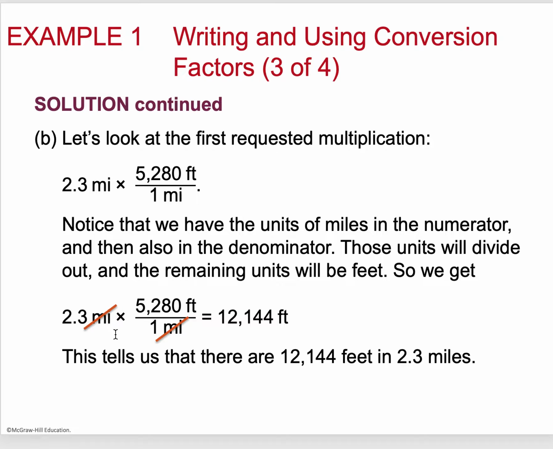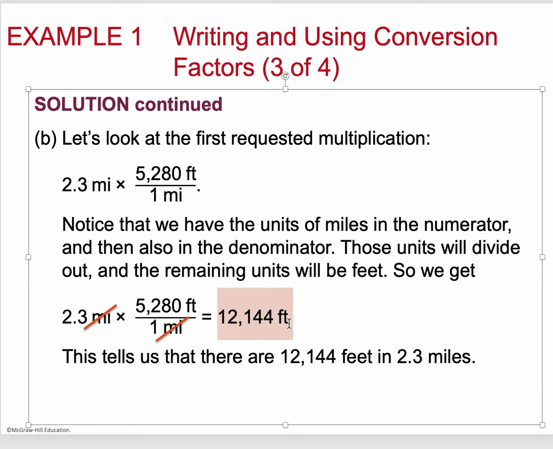Then I just do the multiplication. Now what you're not going to see happen in your calculator is that the miles cancel out, and that's why it's so important that your current unit is in the denominator. And then you're going to simply do the multiplication of the numbers and you wind up in feet. So this tells us that there are 12,144 feet in 2.3 miles.